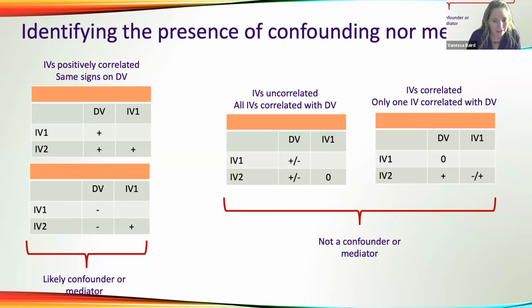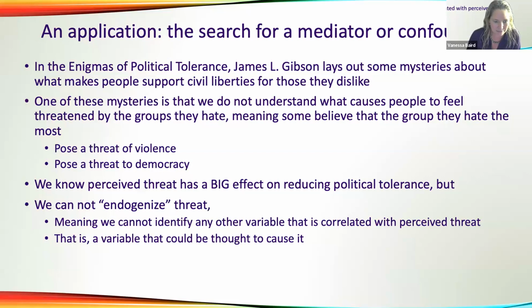If one of them is not correlated with the dependent variable, or if they're not correlated with each other, they cannot mediate or confound one another. Maybe you've got bad data or something, that's another question, but it's just a statistical impossibility. So here's an example where people are just desperate to find a confounder or a mediator.